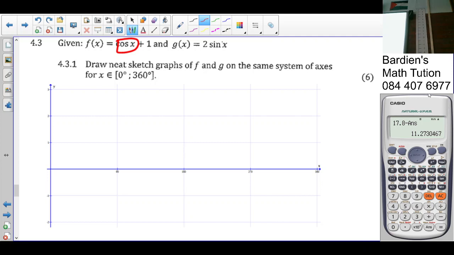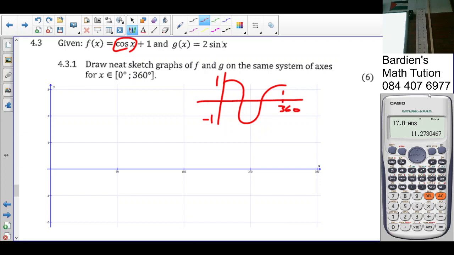What effect does the 2 have on this graph? The amplitude, stretch. Not so? Vertically, not horizontally. That is your horizontal effect, okay? So the cos x graph, we know that cos x starts on top: 1, minus 1 at 360.